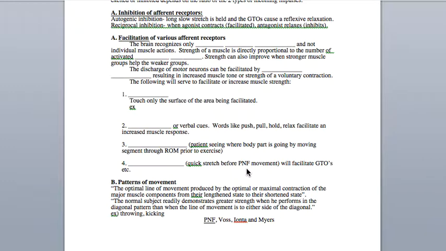I just put this quote in the bottom of your notes. I think it helps talk about patterns of movement, these diagonals that we've been talking about. But it says the optimal line of movement produced by the optimal or maximal contraction of the major muscle components from their lengthened state to their shortened state. The normal subject readily demonstrates greater strength when they perform in the diagonal pattern than when the line of movement is to either side of the diagonal.